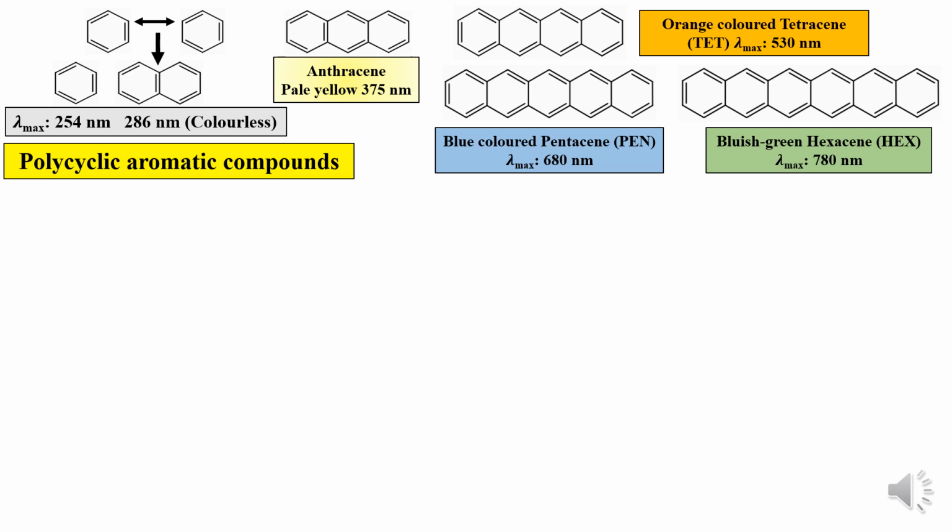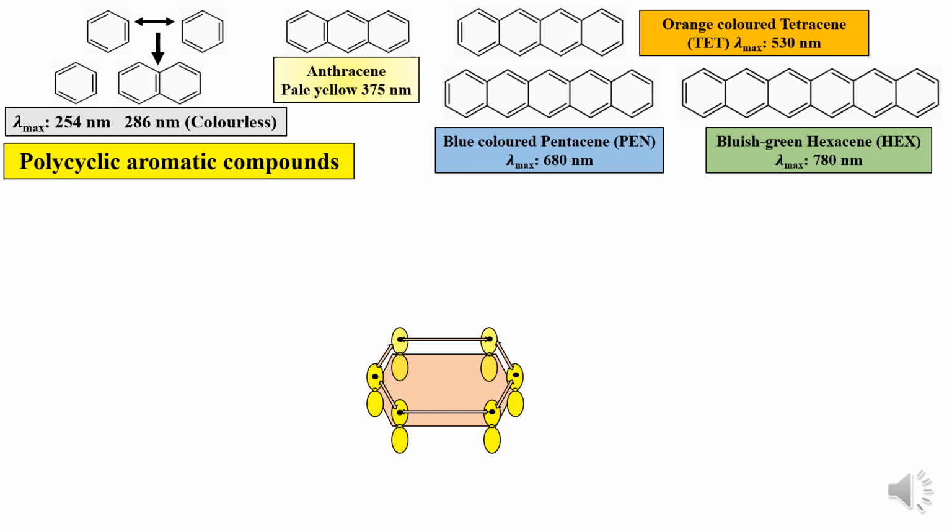Now, in the benzene ring, you find an alternating arrangement of single bonds and double bonds in a cyclic manner. You find three double bonds and three single bonds in alternating arrangement in a cyclic manner. Each corner of the benzene ring represents one carbon atom that is covalently bonded to a hydrogen atom.